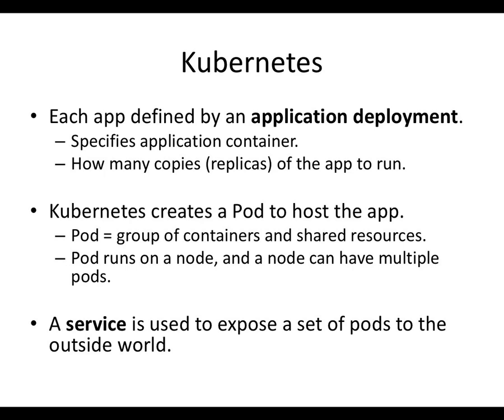And then finally, we define a service. What a service does is expose a set of pods to the outside world. Because when we create a pod within Kubernetes, by default, it's an application deployment, a set of applications that are communicating with one another, but they're only communicating internally.